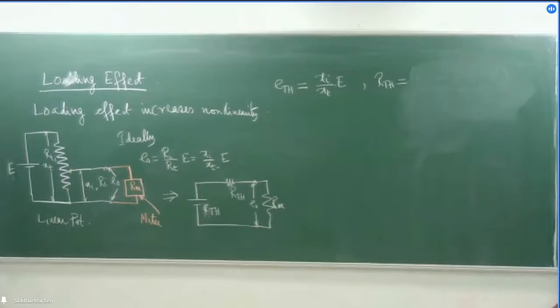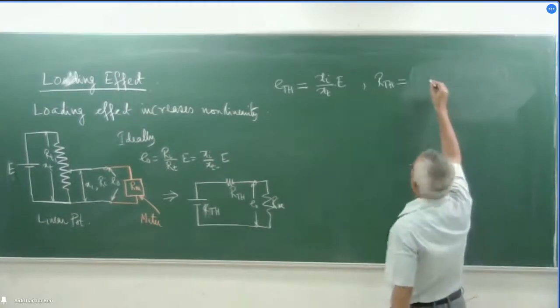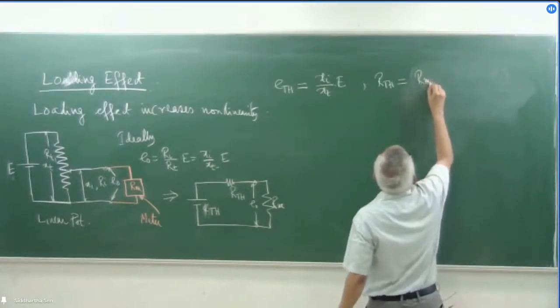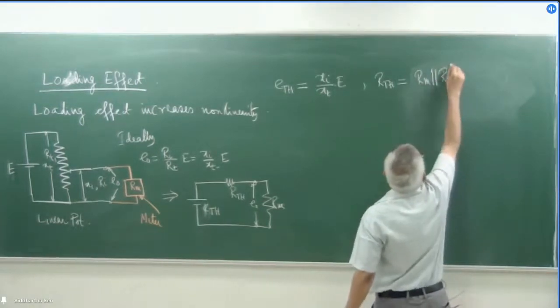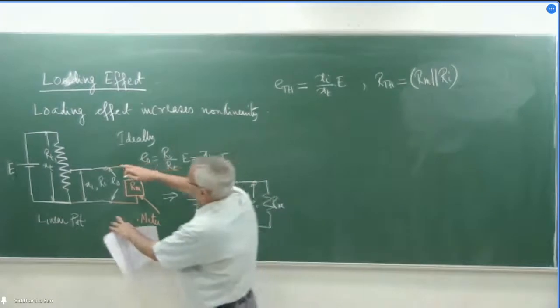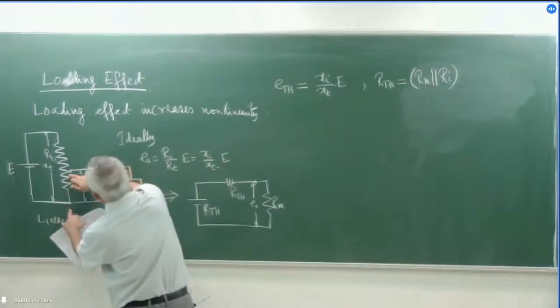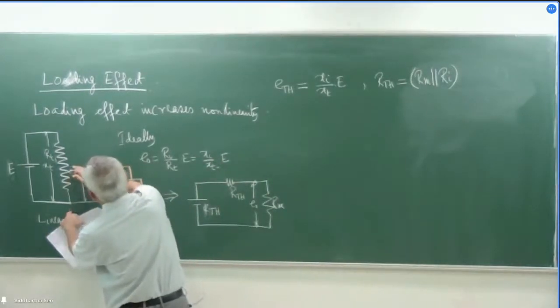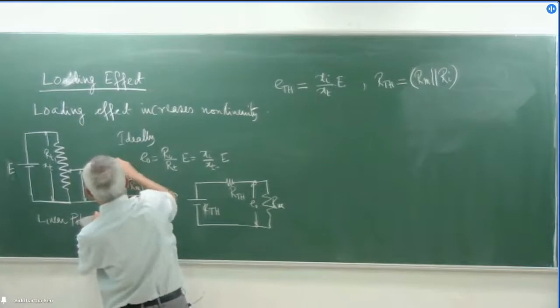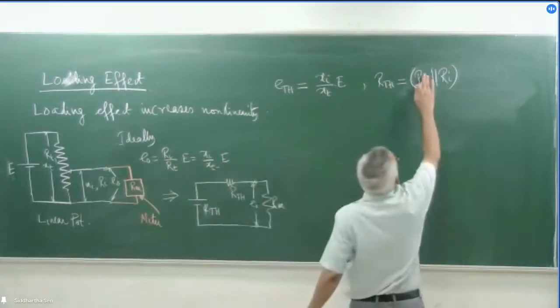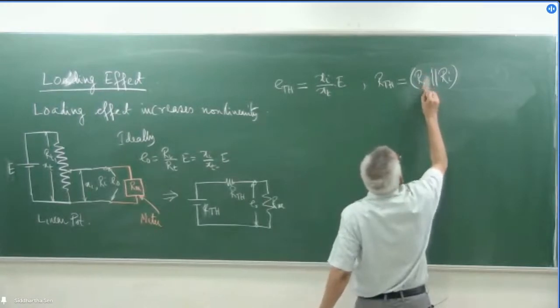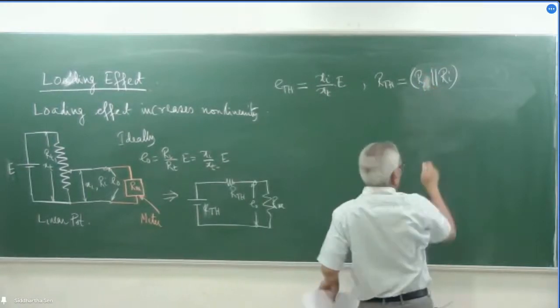So I would say that here the total resistance is Rm parallel with Ri, that means these two resistances, and then, oh sorry, this I have removed it. That's what I am missing. This is basically RT minus Ri.